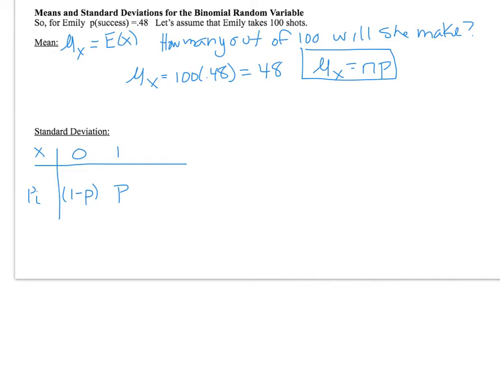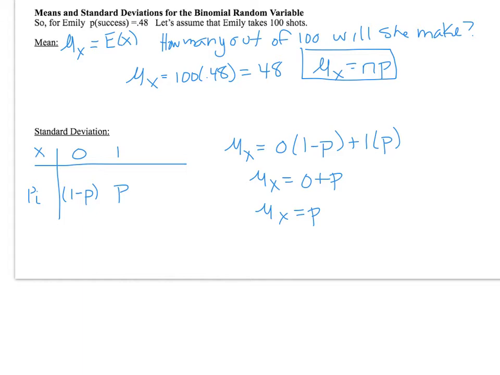So for any single observation, mu sub x is 0 times 1 minus p plus 1 times p. That's that weighted average we were talking about, and in this case you have no failures and one success, so mu sub x is equal to 0 plus p, which is equal to p. So for n equals 1, np would just be p.